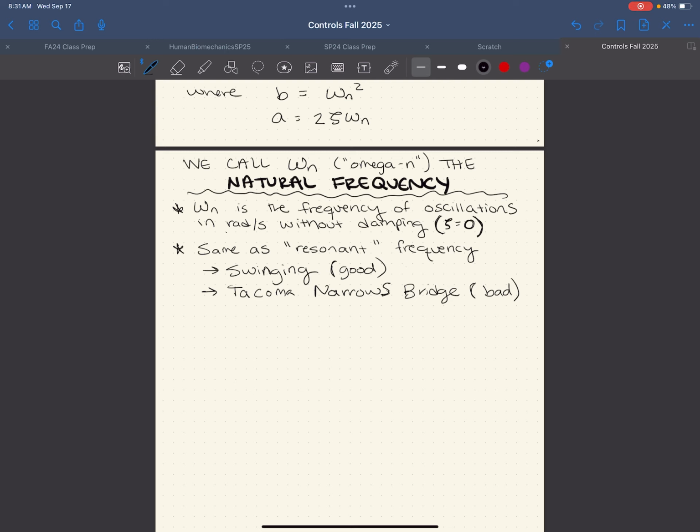Now, I did say that this natural frequency is in terms of radians per second, but in other areas of engineering, we often hear of frequencies in a different unit. So I want to give you the unit conversion there. If you want the frequency in terms of hertz, this is equal to frequency in radians per second divided by 2 pi.